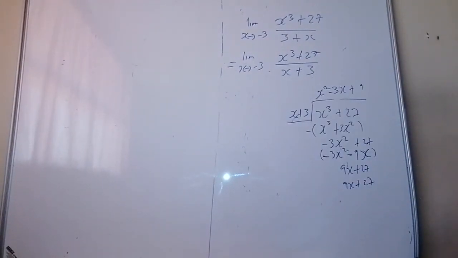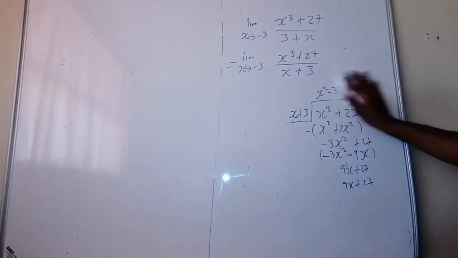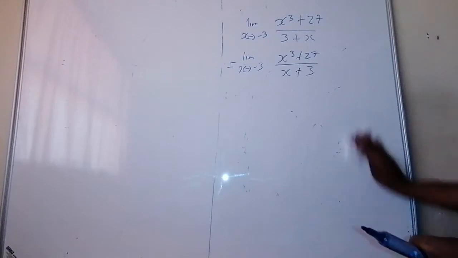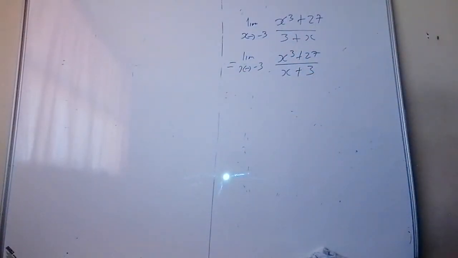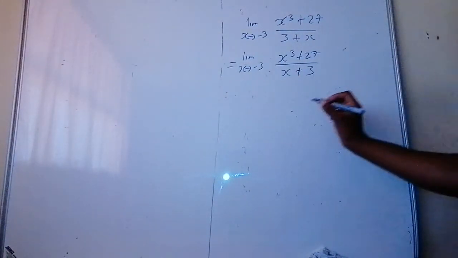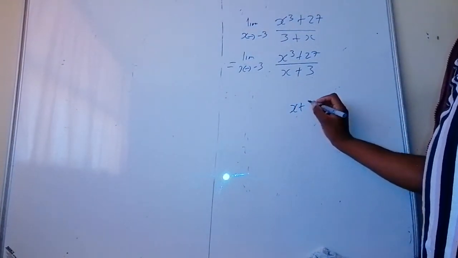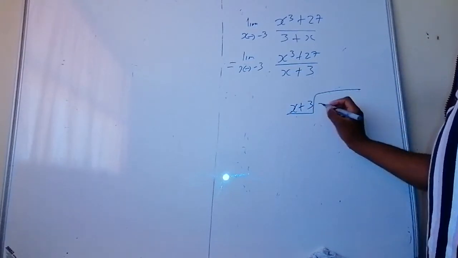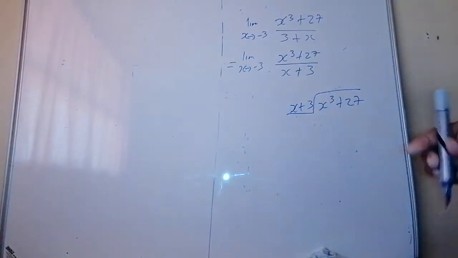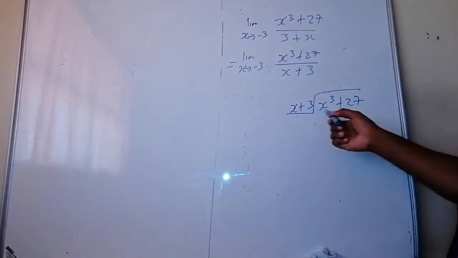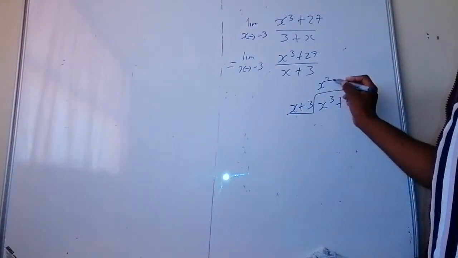We will need a long division for us to solve this. Remember, I said that 3 plus x can be written as x plus 3. So let me show you how we do the long division. So x plus 3 dividing x cubed plus 27. The first thing that we'll do: x divided into x cubed, that's x squared.